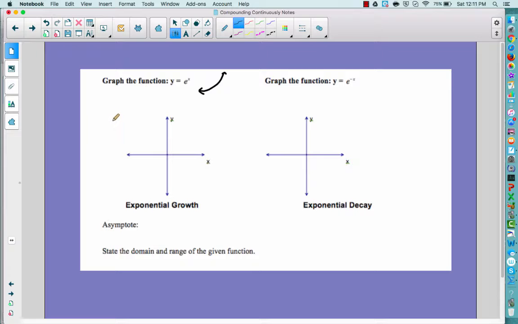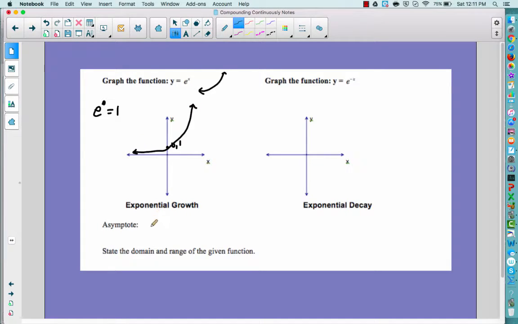Remember, we can always find our y-intercept. If we do e to the 0, we're going to get the number 1. So we know that the point (0, 1) is always going to be on the graph of e. And you could plot some other points. You could do e to the 1 and get 2.718.